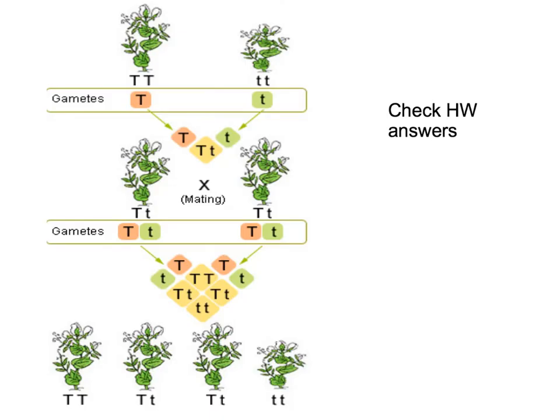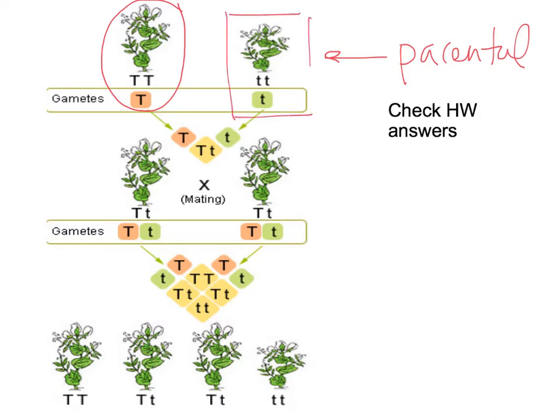So let's take a look at this problem from your homework. You were to label the parental generation. And this one is our parental generation. You'll notice that we have crossed a homozygous dominant by a heterozygous dominant.